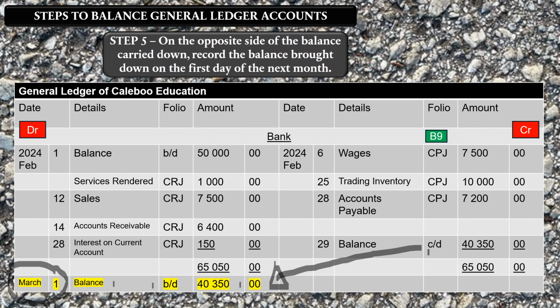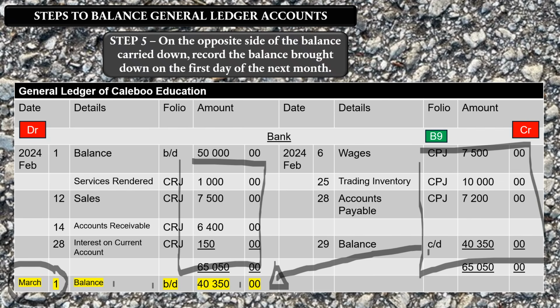And what that means is, according to our books, there should be 40,350 Rand in our bank account after the month of February, after all the receipts in February and all the payments in February. We now have a bank balance in our books of 40,350.